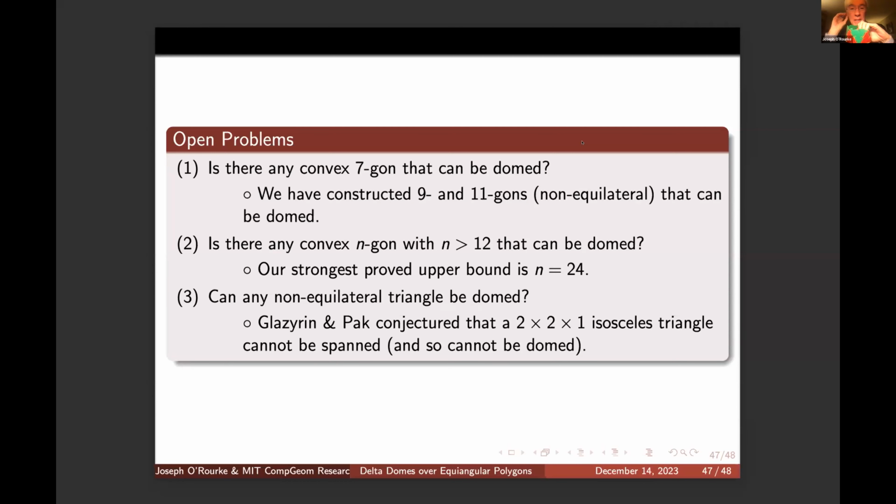Okay, so many of our lemmas would hold for the 7-gon because they required n to be greater than or equal to 7. So for example, each base vertex would have exactly 3 equilateral triangles incident for a 7-gon. So you should imagine doing what I've done here as a first layer, but now with a 7-gon base rather than a pentagon base.